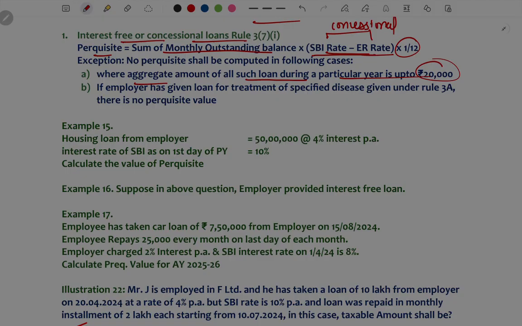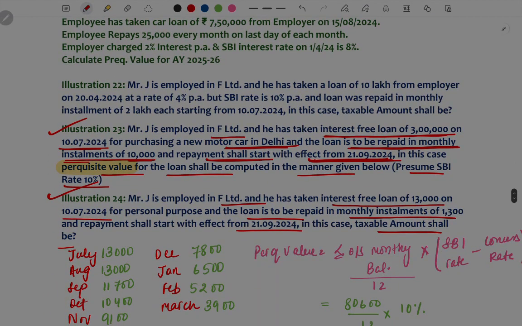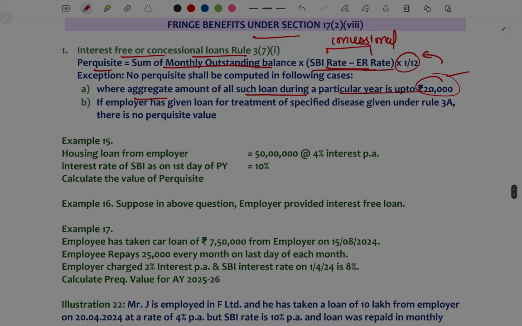Up to 20,000 you will be exempted, and beyond 20,000 this will be taxable. The concessional rate means the extra rate which SBI would charge; you will be taxable on that. And on what will it be taxable? Sum of monthly outstanding balance. Right.